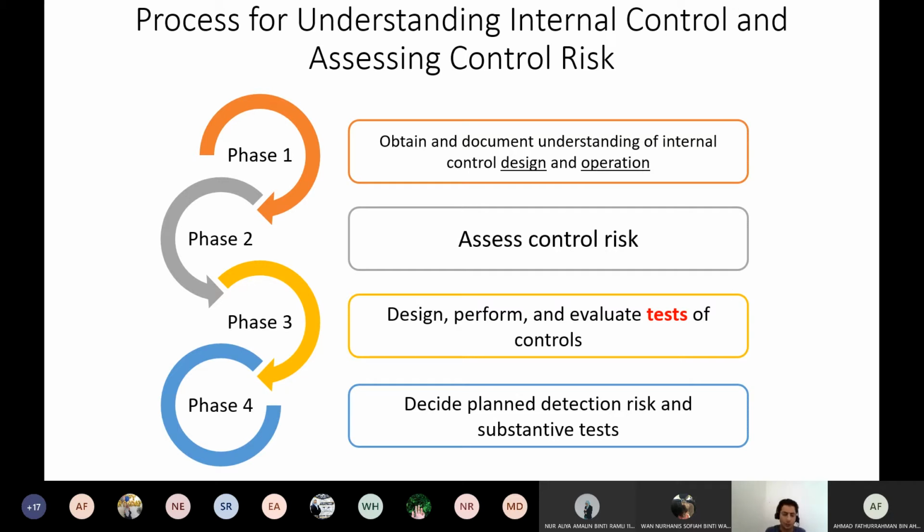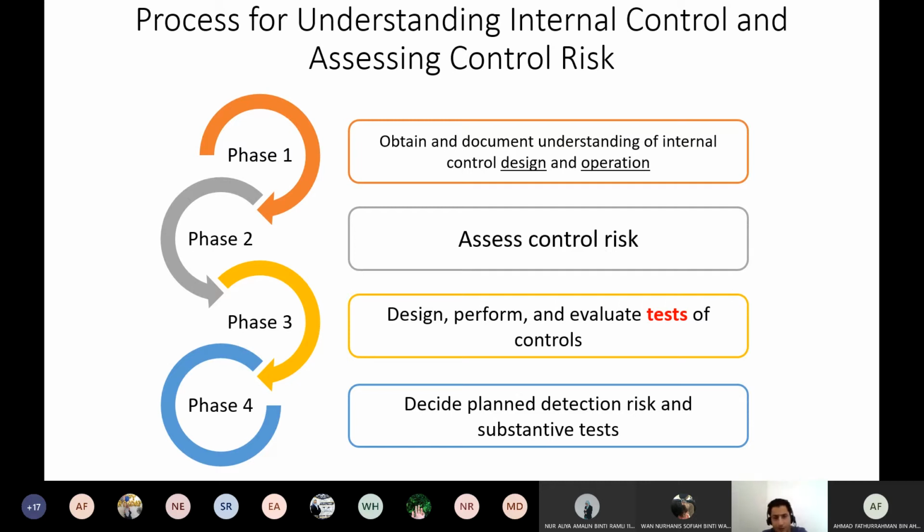We need to differentiate between the design of internal control, which normally is like text or a booklet of internal control written either in narrative or in flowchart. We will discuss it in a short while. And then we also differentiate the operation, whether this internal control system designed is operated, is taking place in the operation.